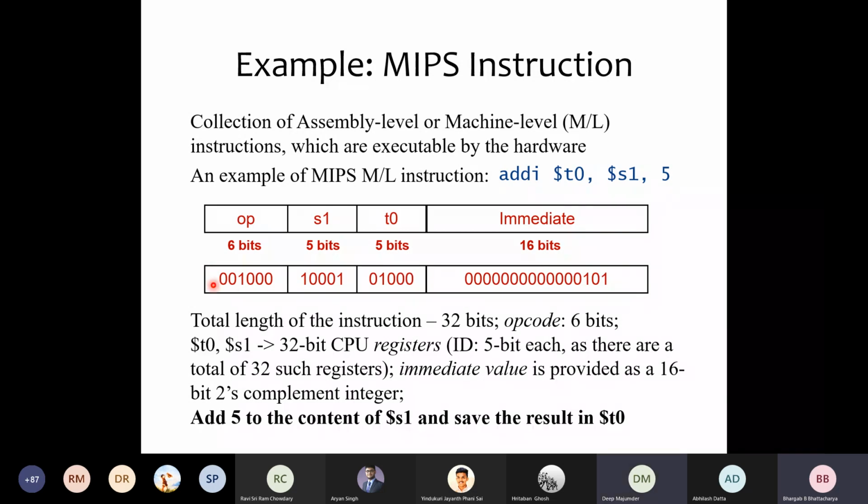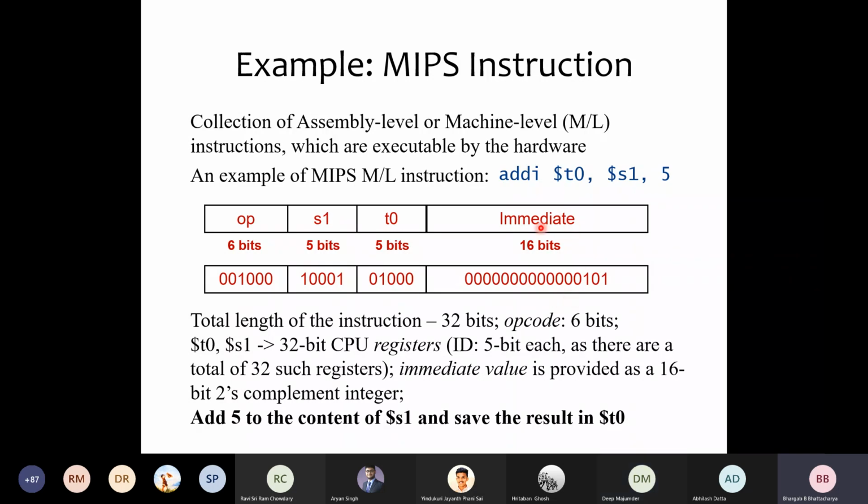So now 16 bits are gone to designate the opcode and 2 registers. You are left with only 16 bits. So whatever immediate value you have here, which may be positive or negative, must be representable within these 16 bits, because you have only a budget of 16 bits left. Good.